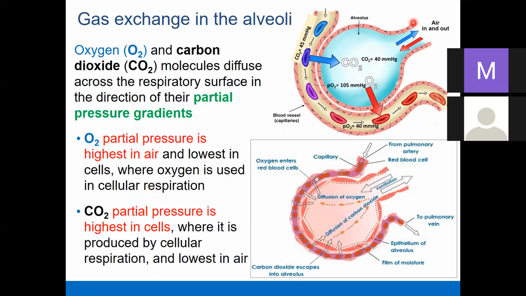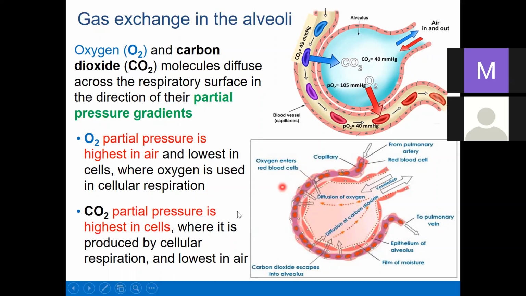As you see, there is a big difference between the partial pressures of oxygen. That means oxygen should move in this direction, from outside of our body into the lung, into the alveoli, and enter our vessels, because this is directed by the partial pressure gradients.